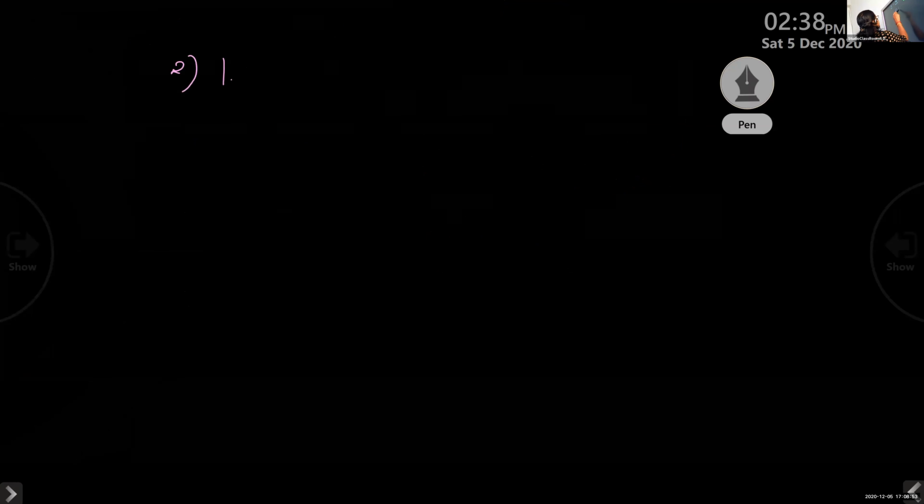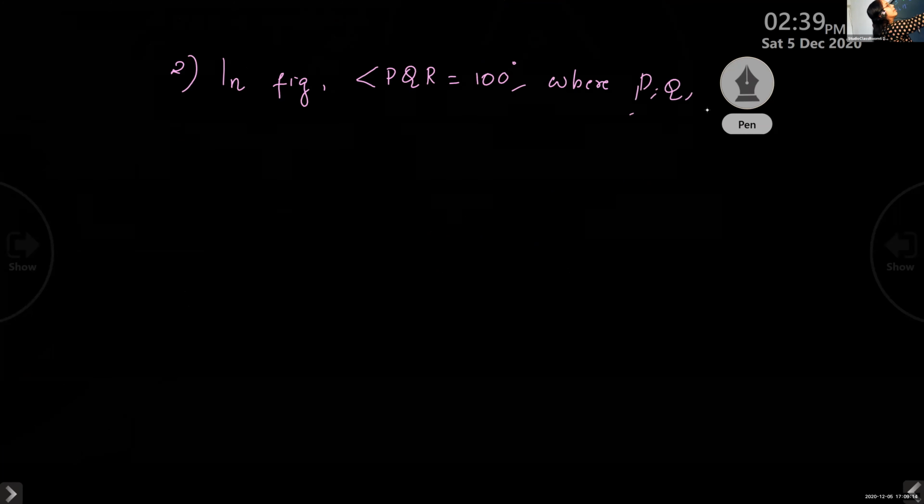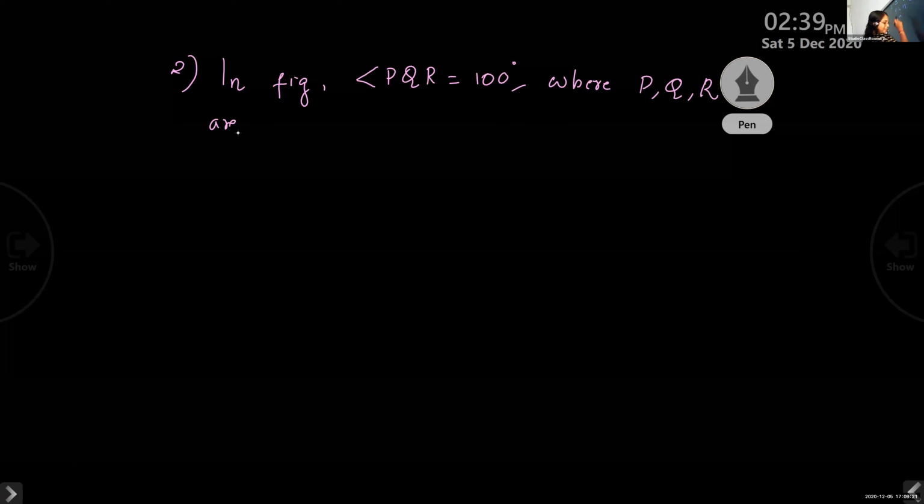In the figure, angle PQR equals 100 degrees, where P, Q, R are points on the circle with center O. Find angle OPR.